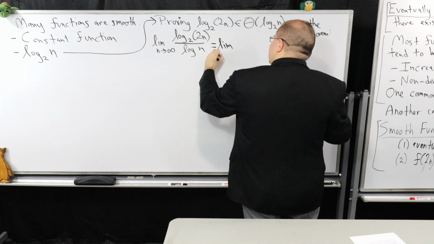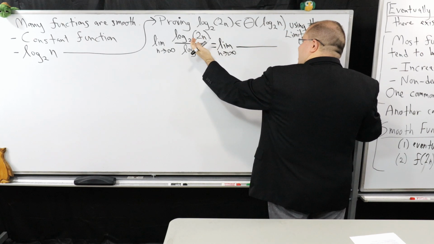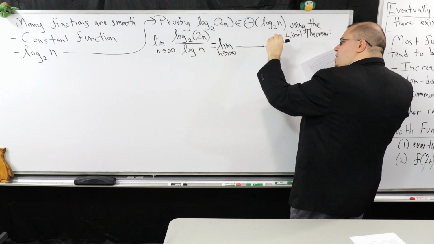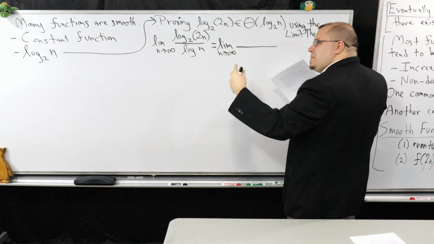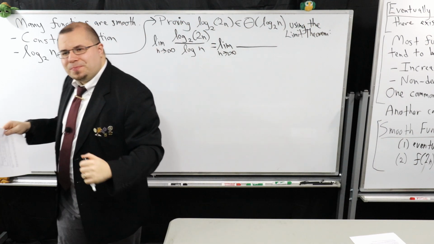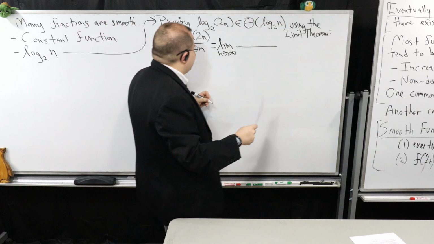First, I'm going to invoke the product rule of logarithms, because I have 2 times n. So I'll end up with log base 2 of 2 plus log base 2 of n. What's log base 2 of 2, everybody? It's 1, exactly, perfect.